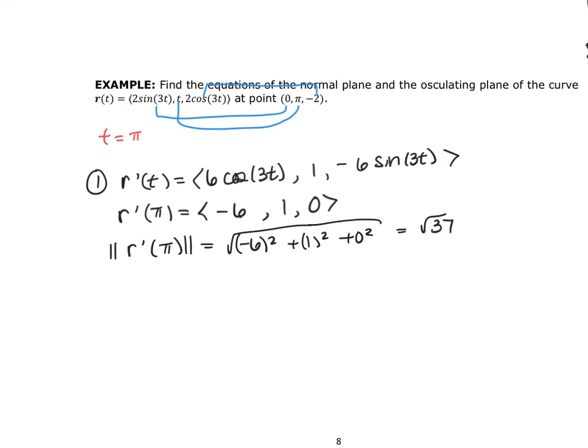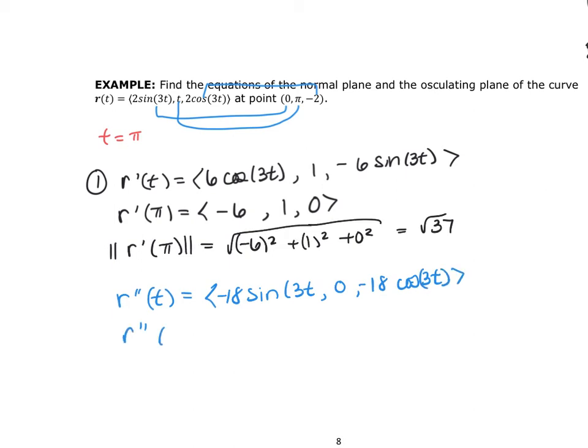And then I'm going to do r double prime. So r double prime of t gives me, let me see, negative 18 sine of 3t, and then 0, and then negative 18 cosine of 3t.